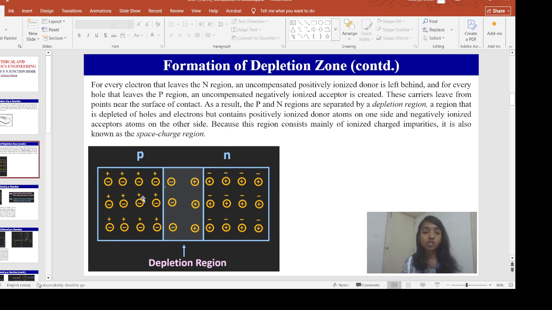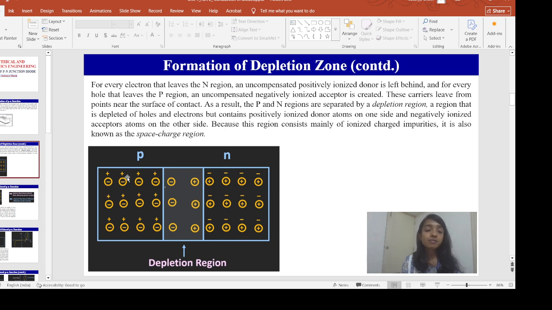Diffusion is a property through which the charge carriers move from a high concentration gradient to a low concentration gradient. So in the n side we have electrons present in high concentration, so they will move towards the p side. In the p side we also have electrons present, but they are minority charge carriers there.